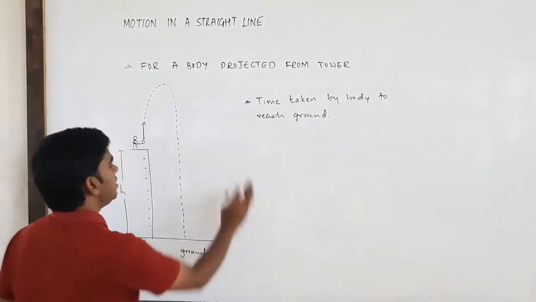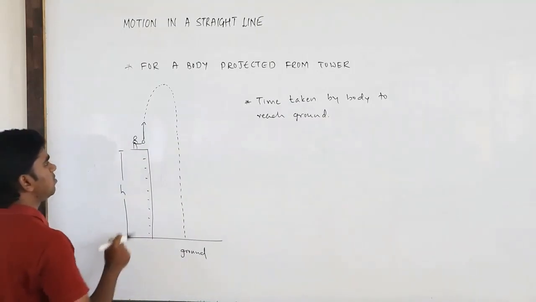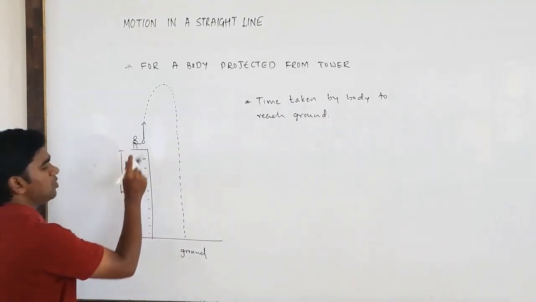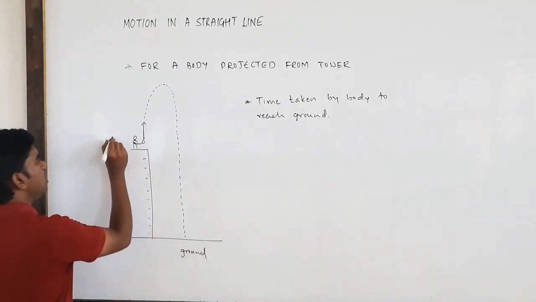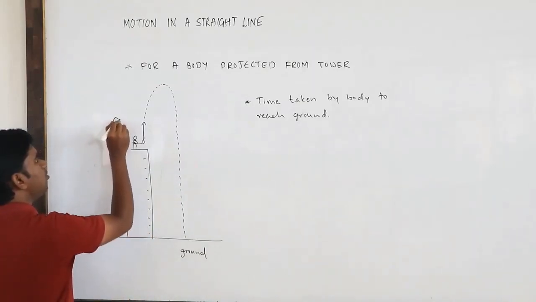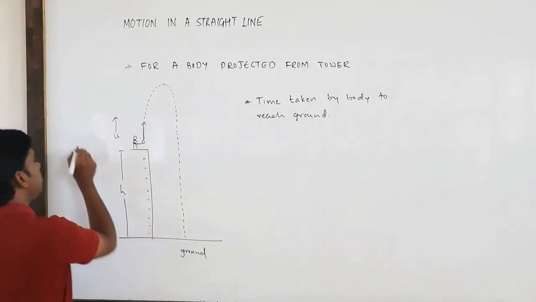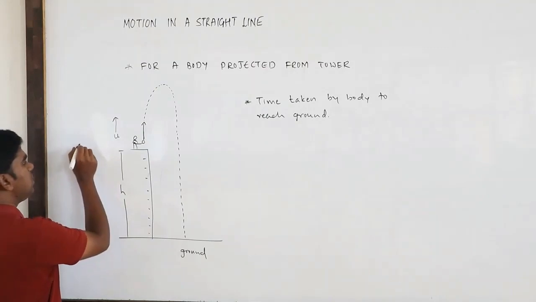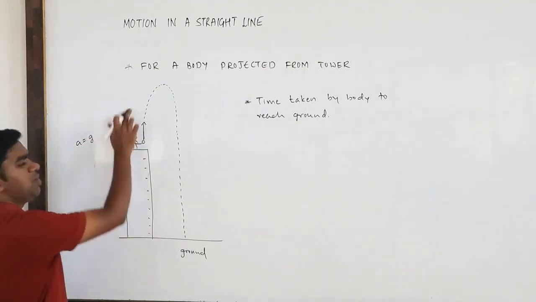If this is the case, look at the other parameters properly. Now you are throwing with some velocity, you are given some velocity, that is u. u is in the upward direction. What about the acceleration? Acceleration is equal to g, but you are throwing in the upward direction.